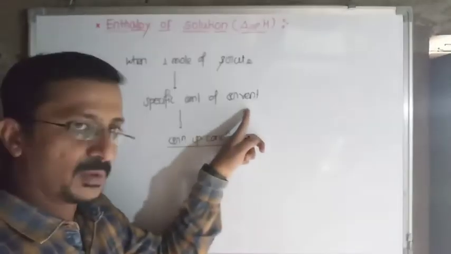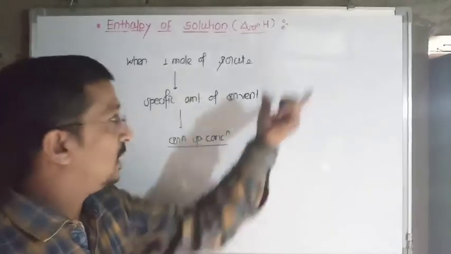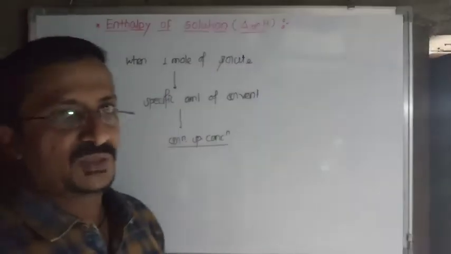So whenever one mole of solute is dissolved in a specific amount of solvent so as to form a solution of particular concentration, this is called the enthalpy of solution.